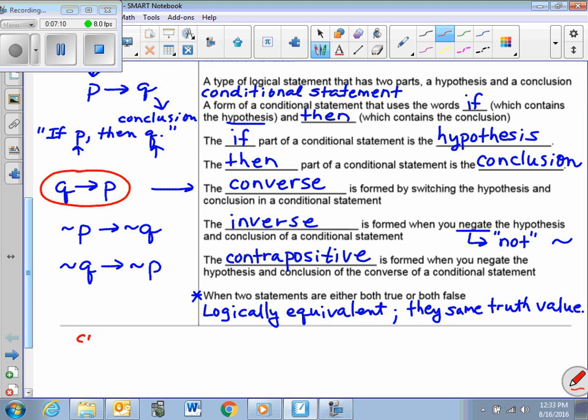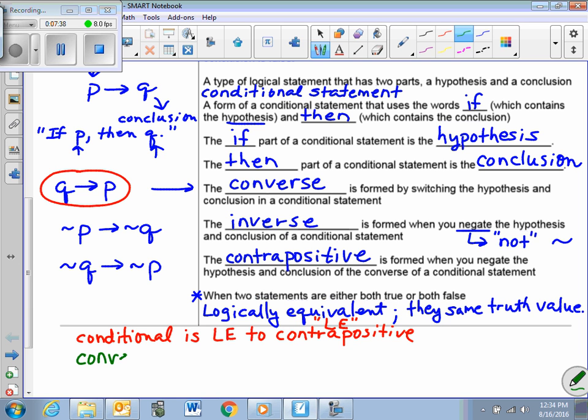So the conditional is, and I'm going to abbreviate logically equivalent with LE in the interest of time, the conditional statement is logically equivalent to the contrapositive. And the converse, and this is always, always logically equivalent to the inverse.